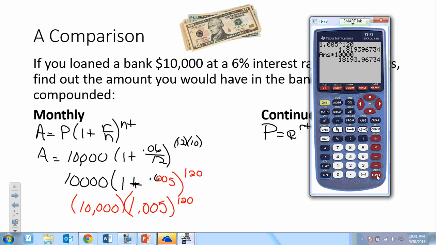So thanks to compounding interest, $18,193.97. That's how much the bank is going to give you. Two decimal places since we're dealing with money.